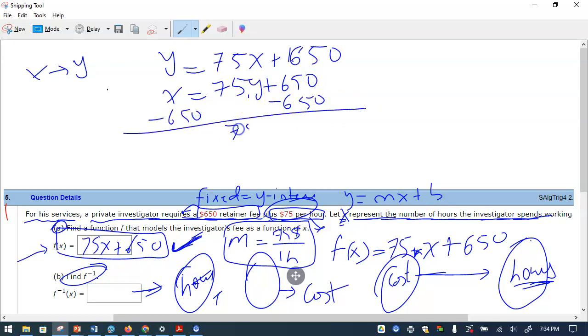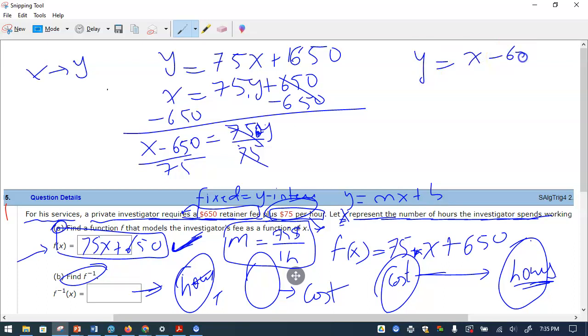So 75y will remain, this goes away, and this is x minus 650, and then divide by 75. I forgot that 75. So 75 divided by 75 and you're done. So your new function will be y equals x minus 650, divided by 75. So this is the f inverse, the new function.